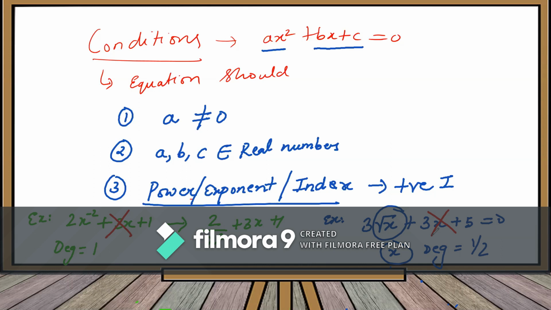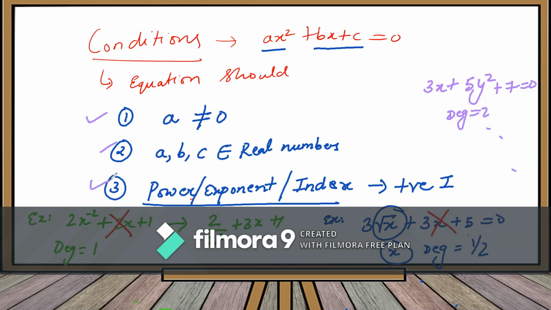Thirdly, another important thing for a given polynomial to be a quadratic equation is that it should have only one type of variable. For example, 3x plus 5y square plus 7 equal to 0. The degree is 2, a is not equal to 0, a, b, c belong to real numbers, and the exponent is a positive integer.